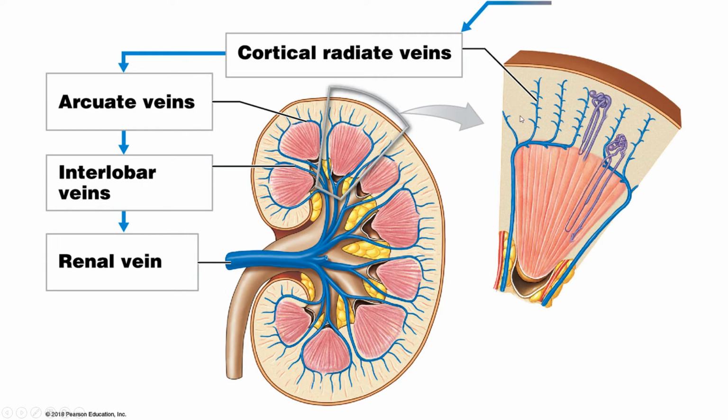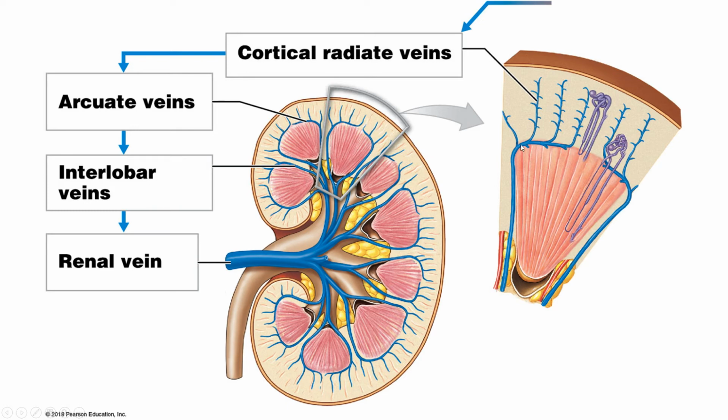And so from those peritubular capillaries and vasa recta, in general, will go cortical radiate veins, arcuate veins, interlobar veins, and renal veins, okay? So cortical radiate veins are going to be the vessels that are, again, just to keep the name similar, going to radiate or primarily be in the cortex, and it's going to radiate downward to the arcuate vein.